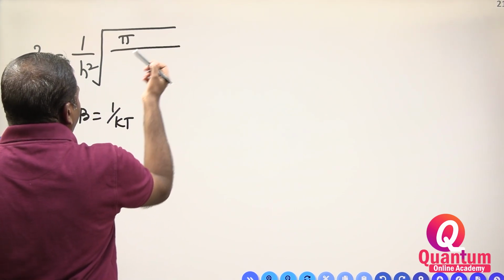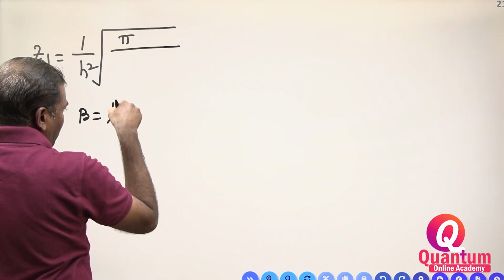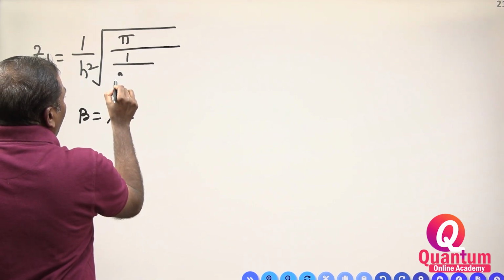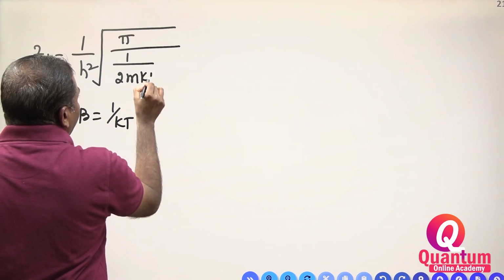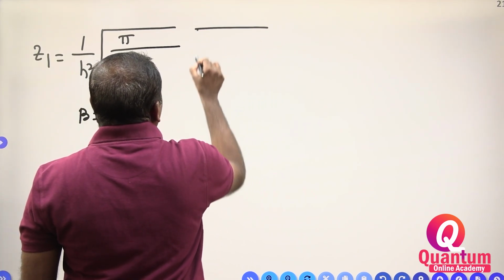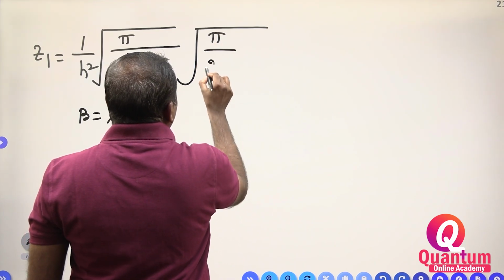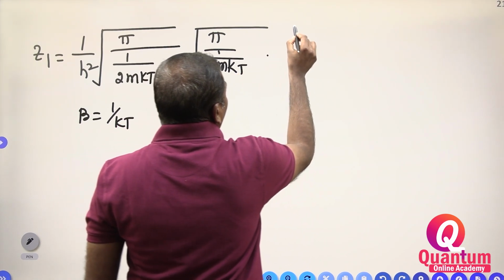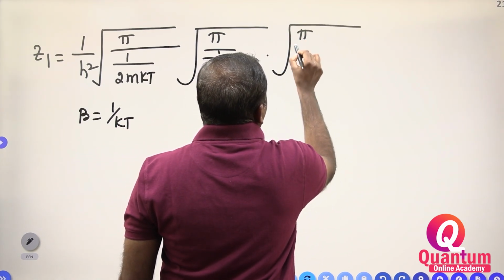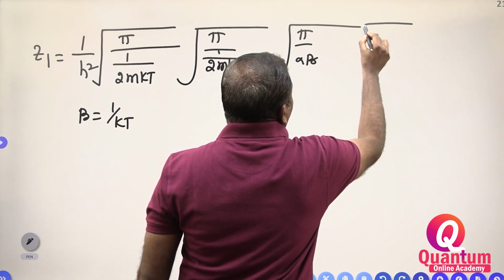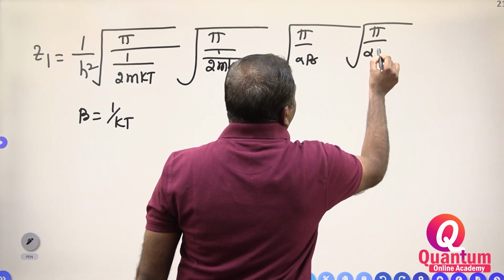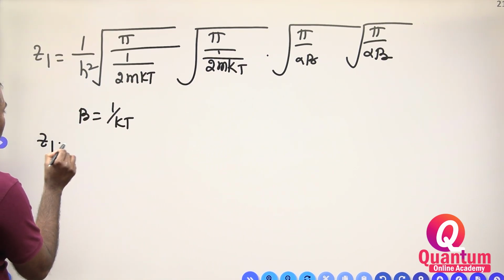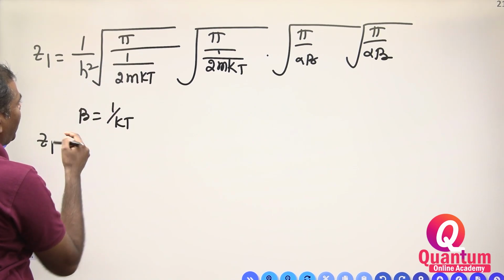So beta by 2m is there, so we have to write 1 by 2m into kT, that is, pi divided by 2m kT, into root pi by alpha beta.